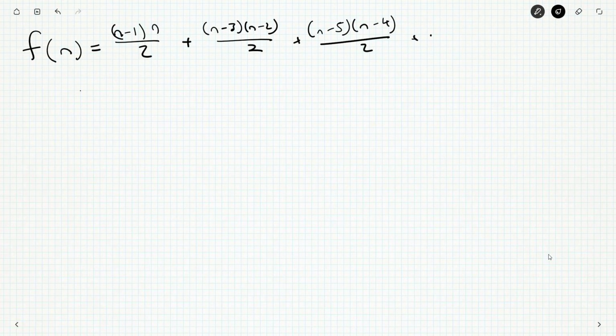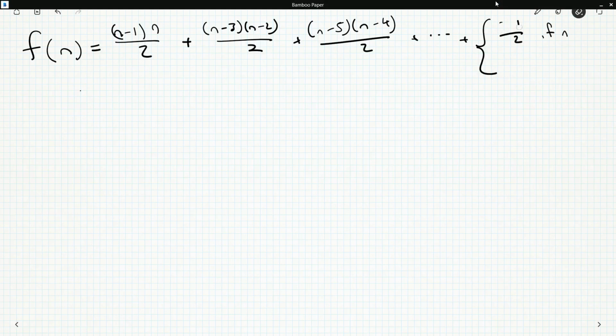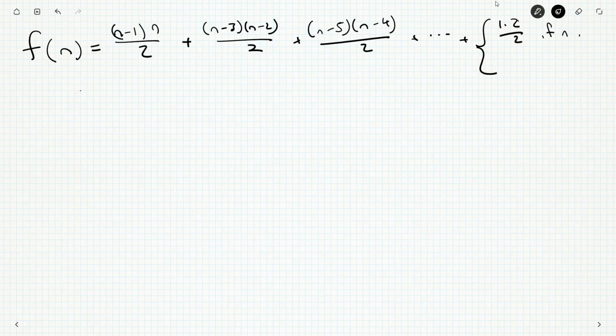This is all work being done on a scrap piece of paper. So all the way down to, well, it really depends on whether or not it's odd or even. So it'll be either 2 times 1 over 2, or sorry, 1 times 2 if I'm writing it the same way that I was. So 1 times 2 if n is even, because the second number is the even number, and n is the second number over here.